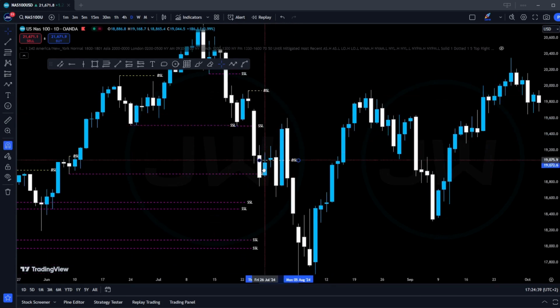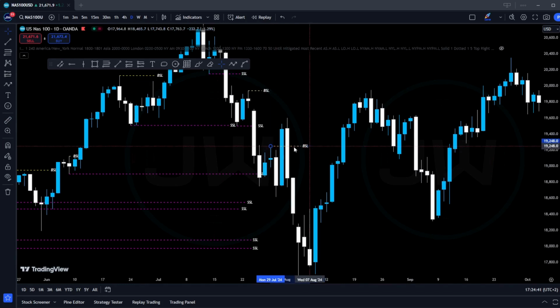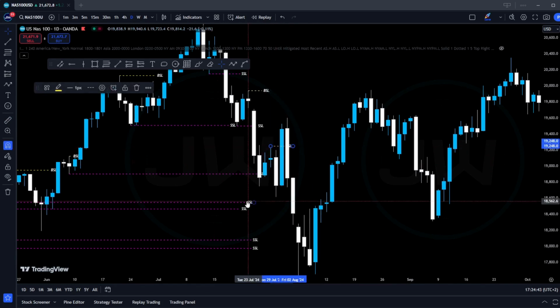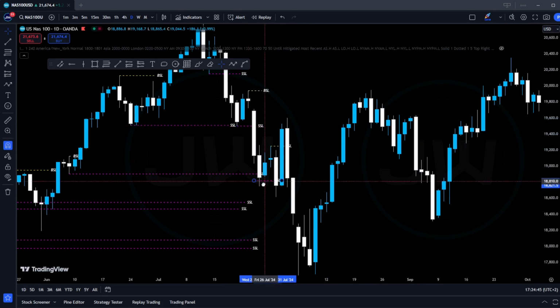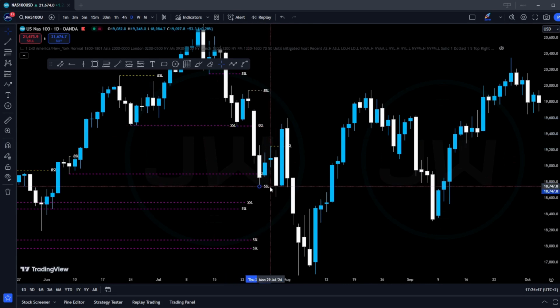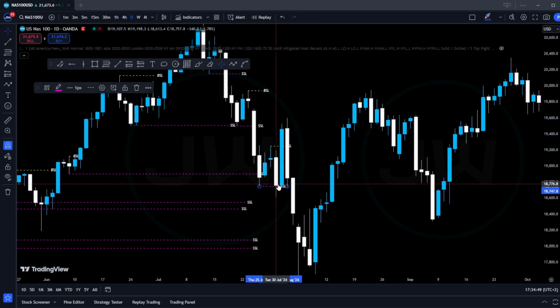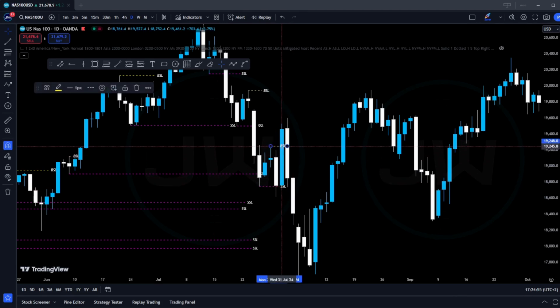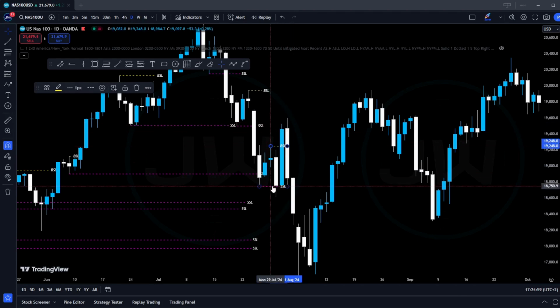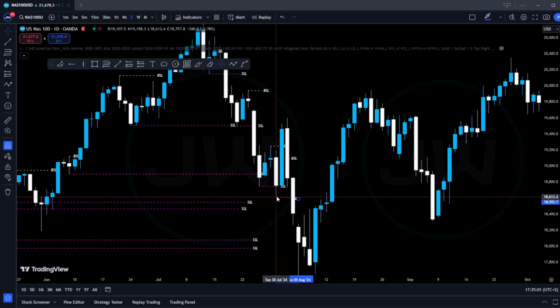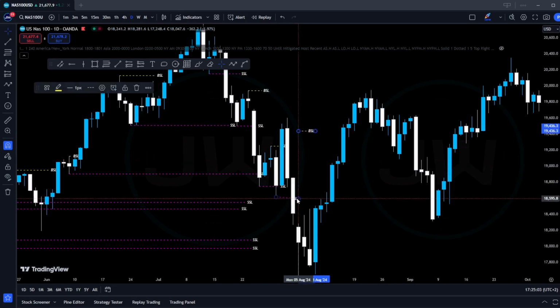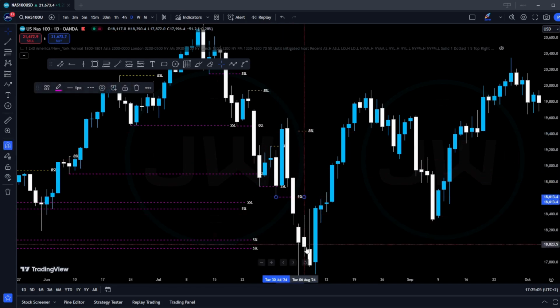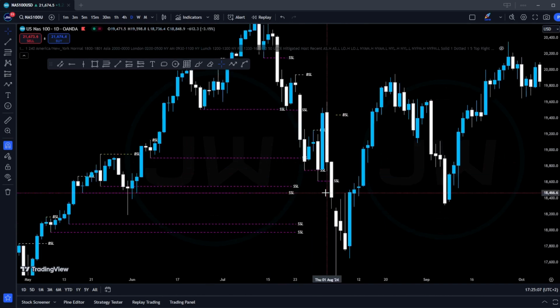Like if you look over here, we make a swing high over here, we make another swing low. Watch how we fail to break the sell side liquidity, so we move towards buy side liquidity. But then we fail to break buy side liquidity, and where do we go next? We go to sell side liquidity, continuing that bearish trend.